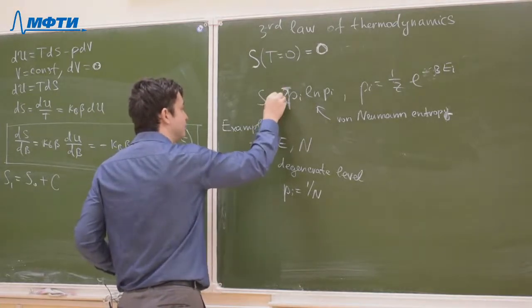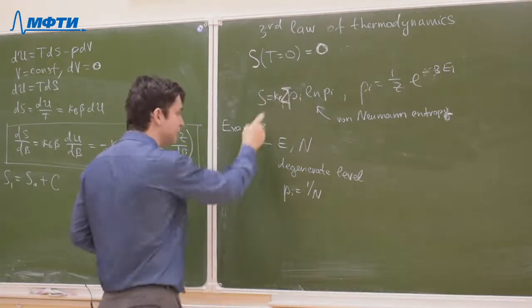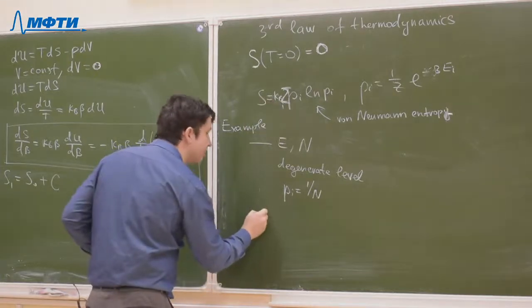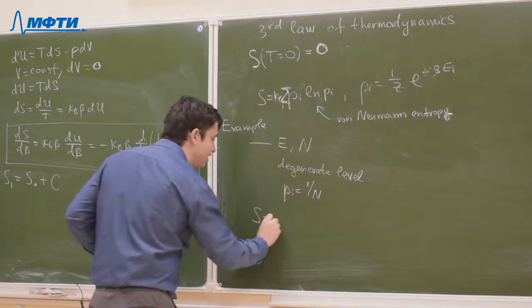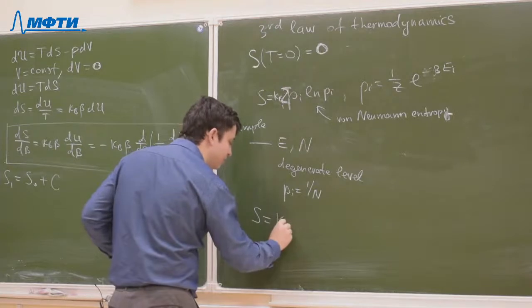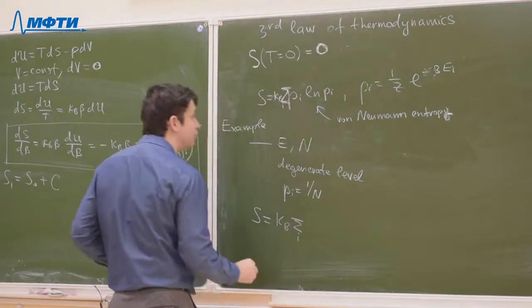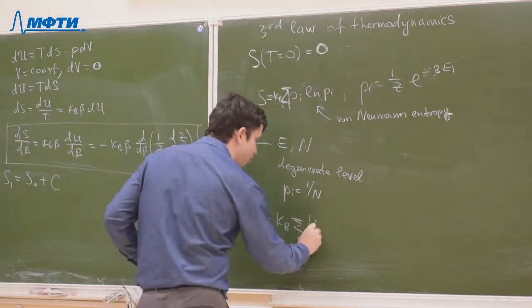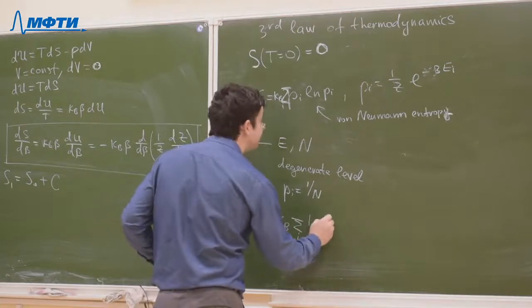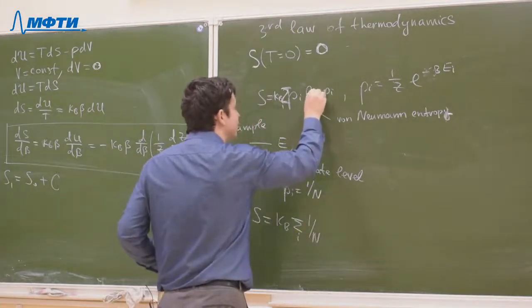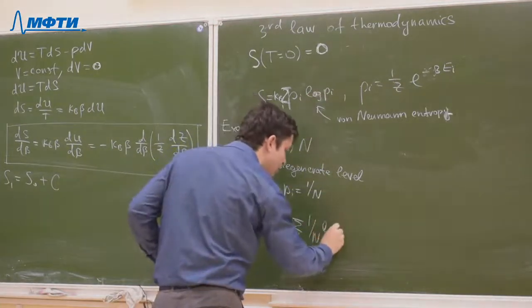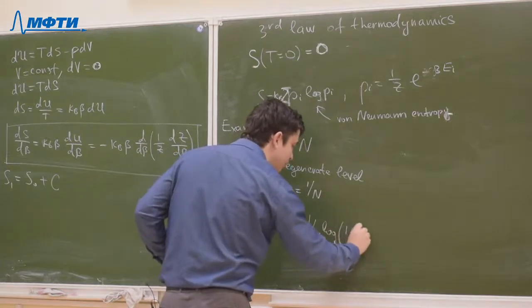For this quantity, I also add Kb as a dimension constant. So we have entropy as minus Kb multiplied by the sum over i of 1 over n multiplied by the natural log of 1 over n.